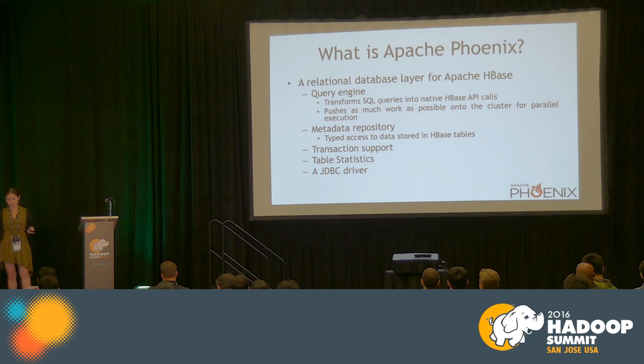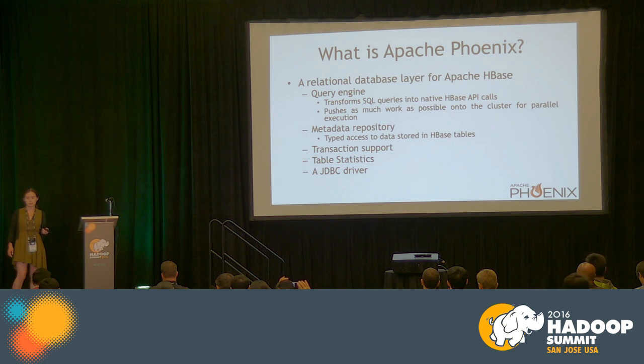What is Apache Phoenix? Apache Phoenix is a relational database layer for Apache HBase. So first of all, it's a query engine that transforms SQL queries into native HBase calls, pushing as much work as possible onto the HBase cluster for parallel execution to get high performance.